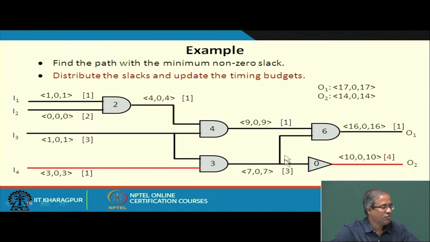So, 1 4 1 3 1 1 2 3 1, these are some guidelines for your next step of routing, let us say, where you can actually route your wires or size the gates such that these delay values are actually achieved, right.